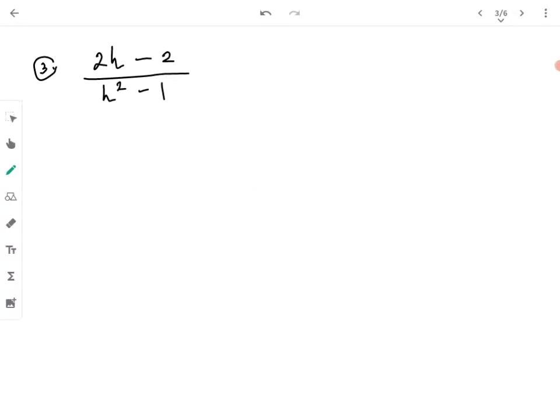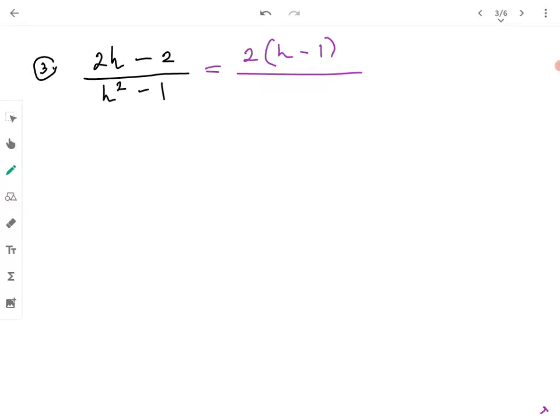Number 3. It already involves a sum, so we need to factor it using our knowledge of factorization in chapter 1. So 2h minus 2, we can factor as 2 times h minus 1, a common monomial factor. Then h squared minus 1 is a difference of two squares. H squared is a square, 1 is a square.